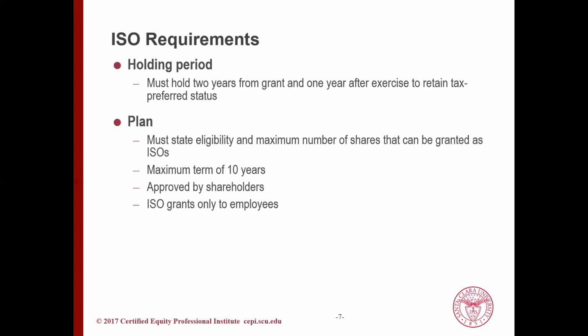If those holding periods are not met, that's called a disqualifying disposition. If you do meet the holding requirements, then that is what's called a qualifying disposition. And we have examples on future slides.